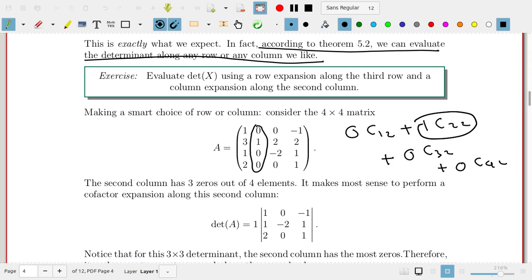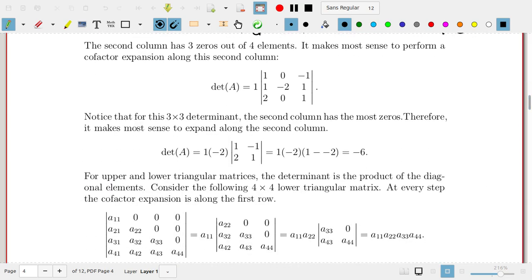So what is C22? C22 is what remains after you cross out the second row and the second column. What remains is 1 0 negative 1, 1 negative 2 1, 2 0 1. So notice that you're now left with a 3 by 3 determinant.